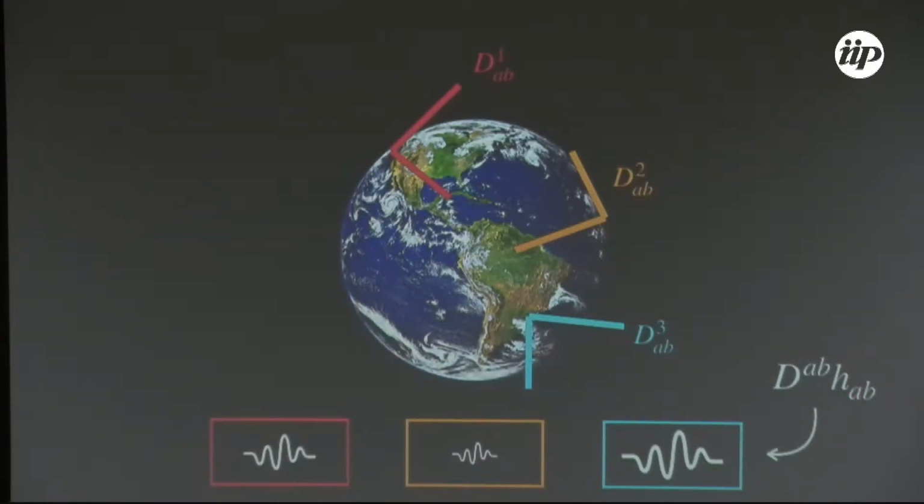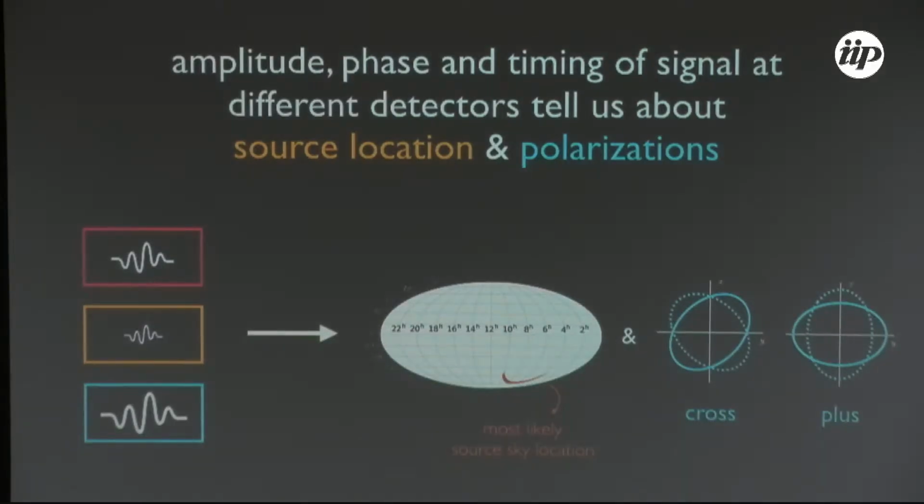So at any given time, it's stretching and squeezing the arms of the interferometer. This information is important because the amplitude, phase, and timing of the signals of the different instruments allows us to reconstruct the sky location and orientation of the source, if we have a specific model for how those get sourced.